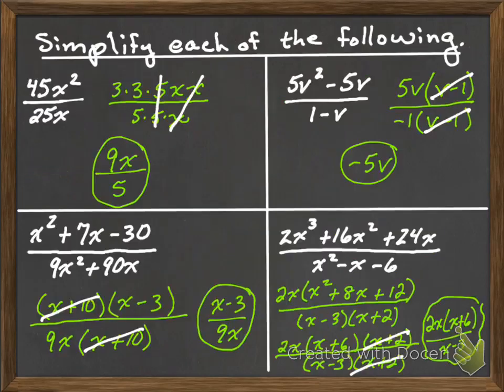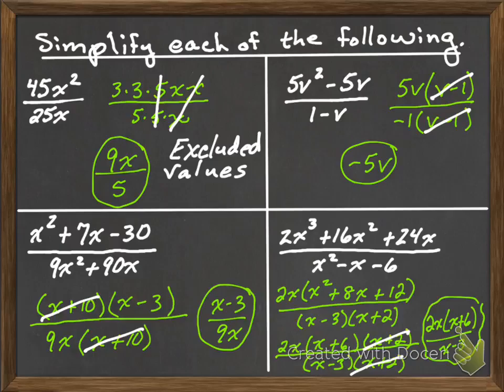Now, we also want to keep in mind that we will have some values that are called excluded values. Excluded values are values that would cause your denominator to be equal to 0.